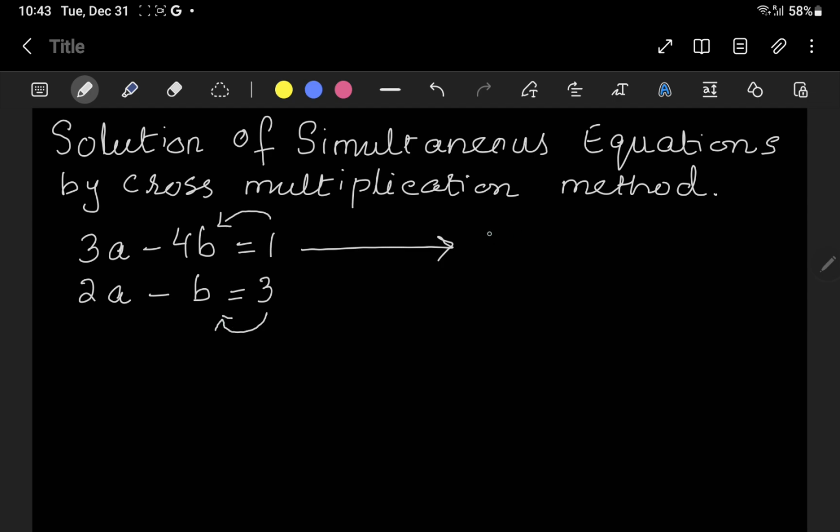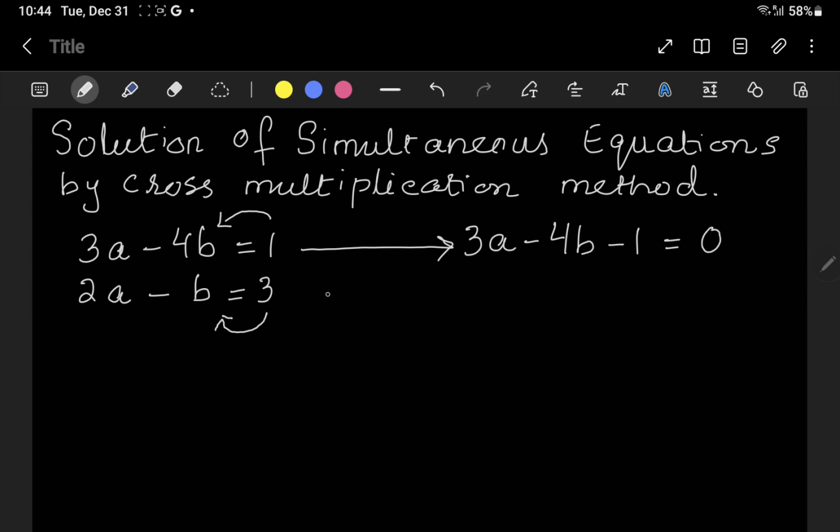So equation 1 becomes 3a minus 4b, and 1 comes to the left side, so its sign changes to minus 1 equals 0.